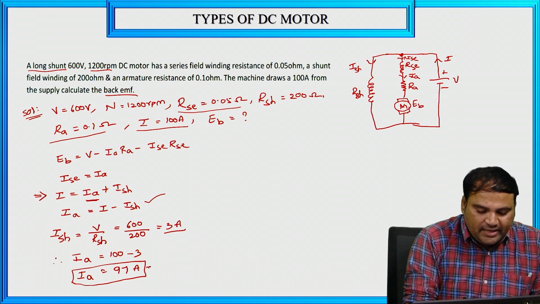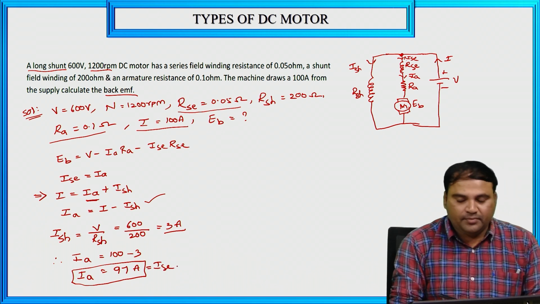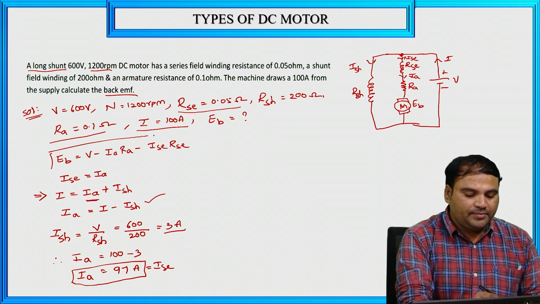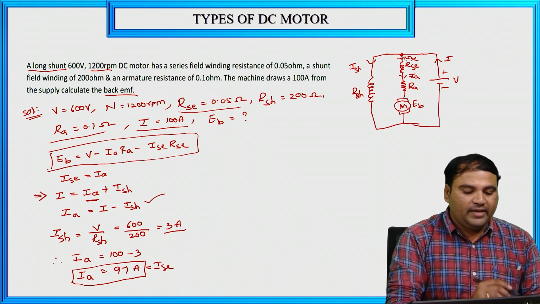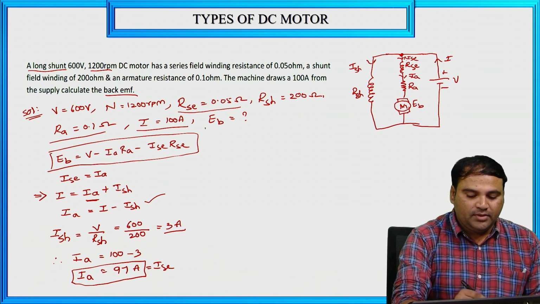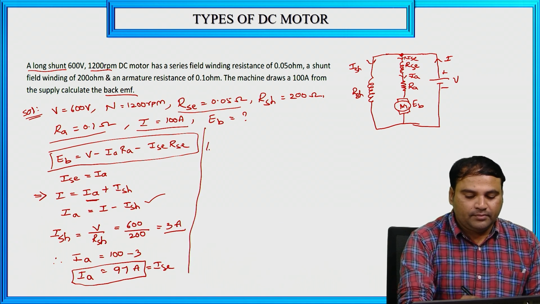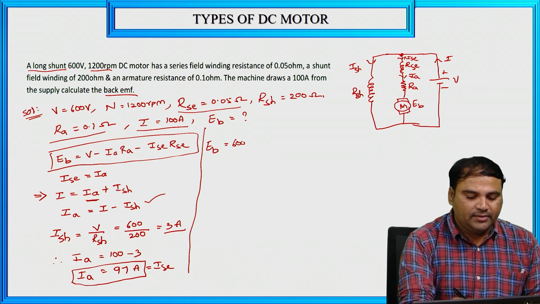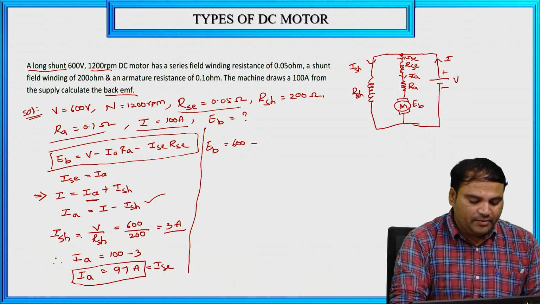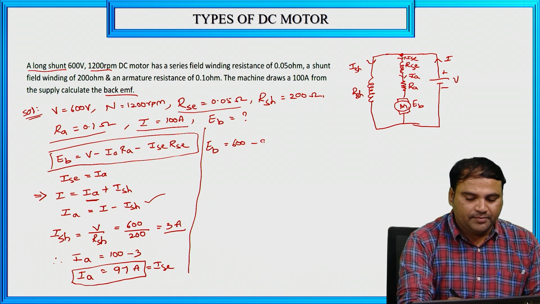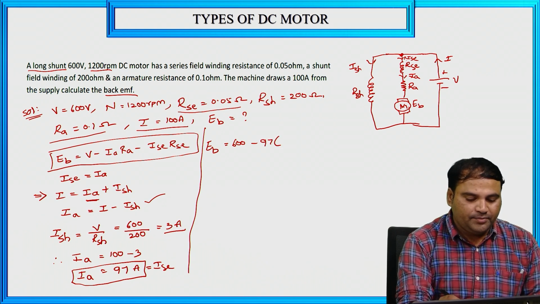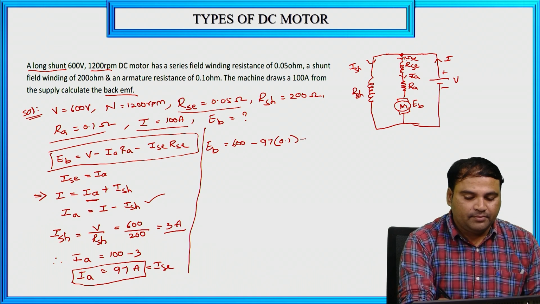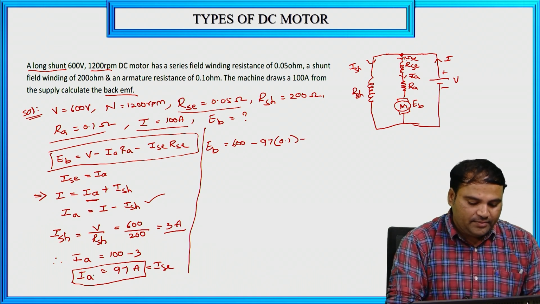Now the armature current is nothing but ISC also. Now substitute all the data in this equation and we'll get the EB value. So EB equal to V, 600, minus IA, what is the IA value? 97, into RA, what is RA? 0.1, minus ISC, what is ISC?